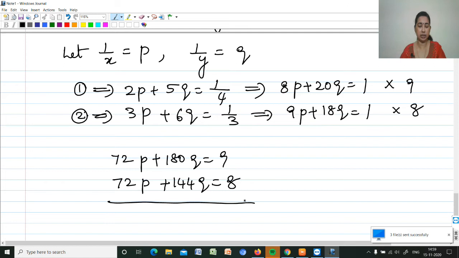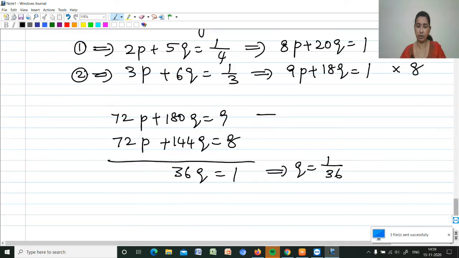These two equations we can subtract, so that 72p will be cancelled. Subtracting, we get 36q is equal to 1, or q is equal to 1 by 36. Substituting this in the second equation, we can get the value of p. Any equation we can substitute, so I am taking this 9p plus 18q is equal to 1.